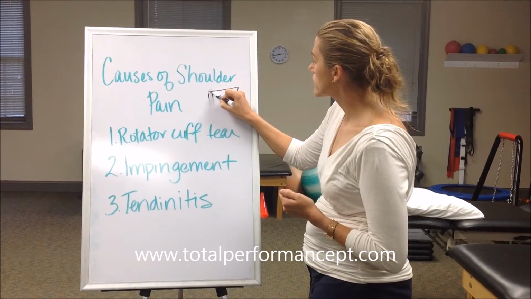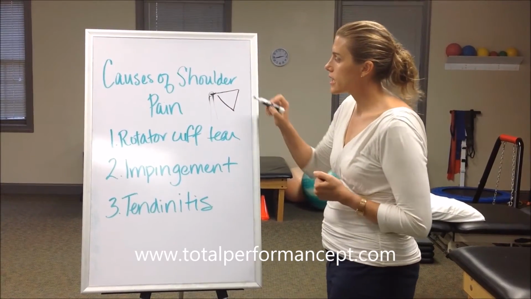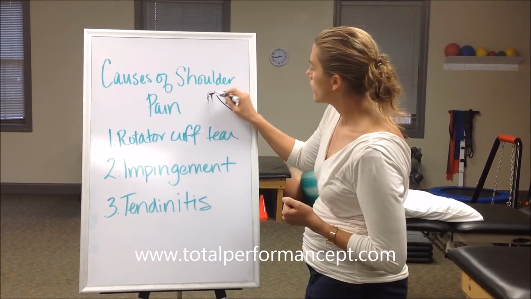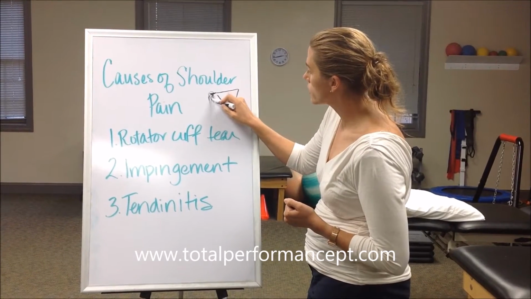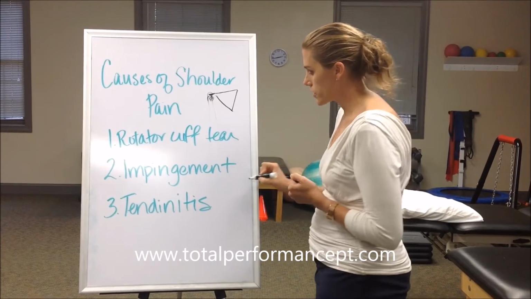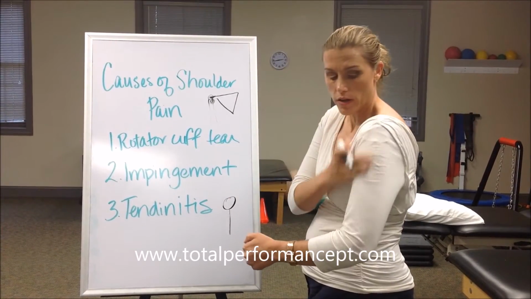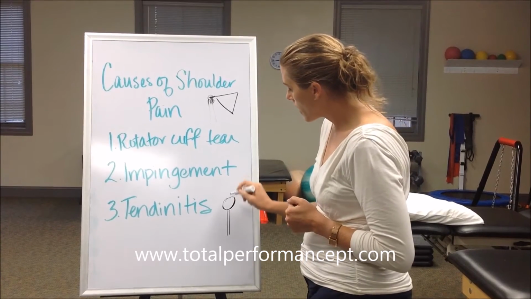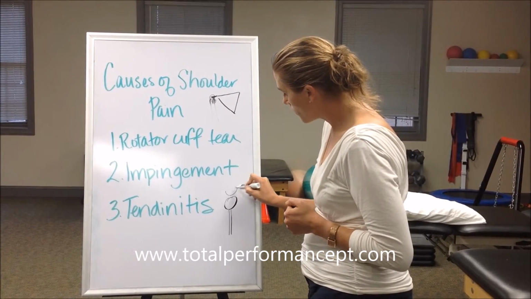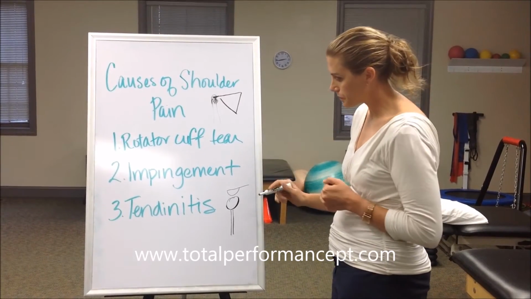This comes across and attaches at your shoulder joint. So here's the little ball of your shoulder. Just to give you a better picture, here's the ball, which is this part of your arm, your humerus. And here is the acromion, which is the top bone of your shoulder.